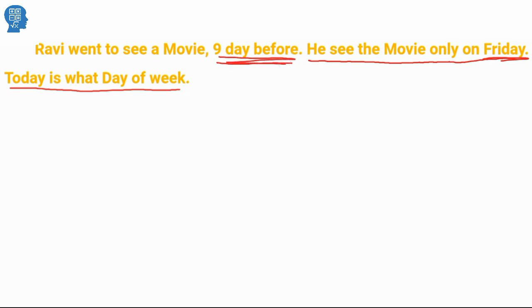Before means minus, so to get today we have to do the reverse and add 9. Before means minus, so we add plus.